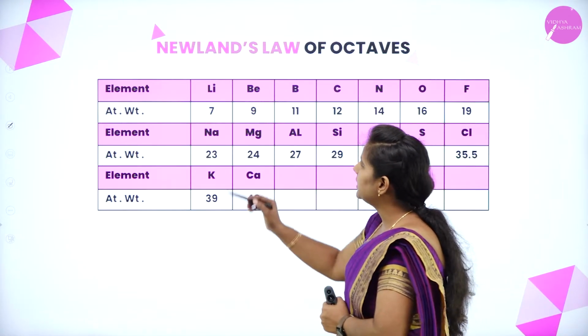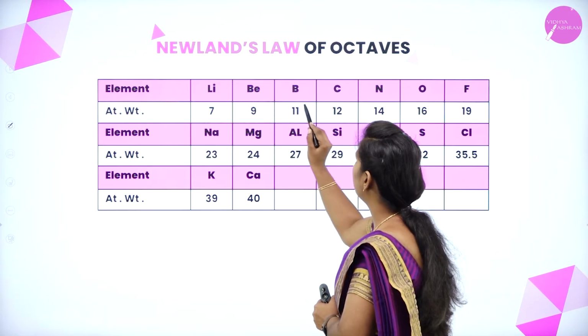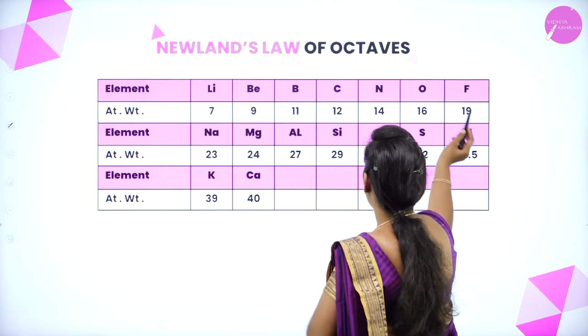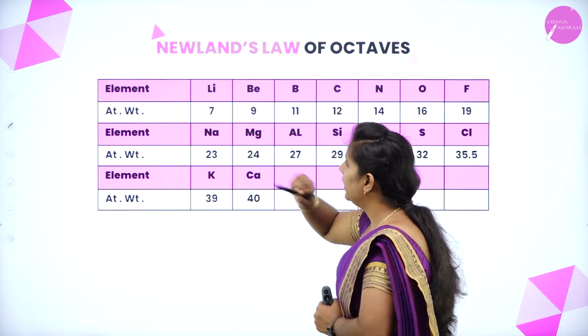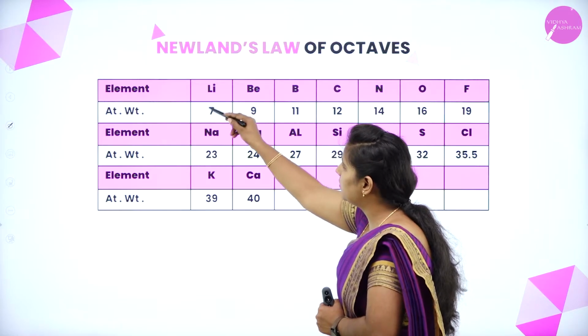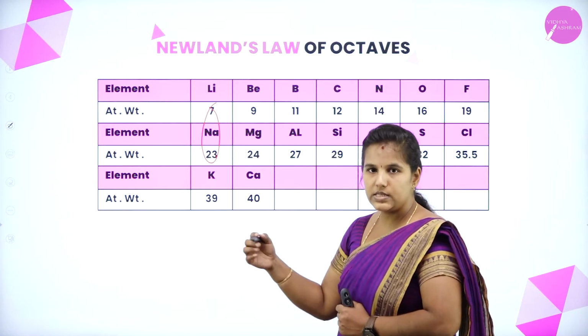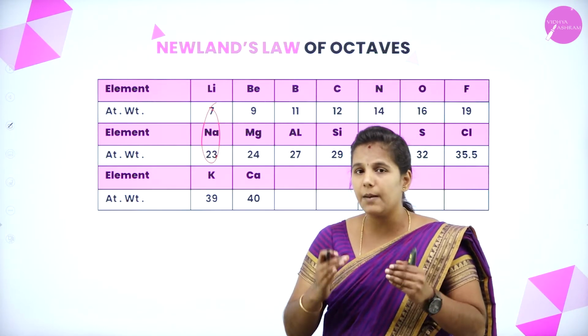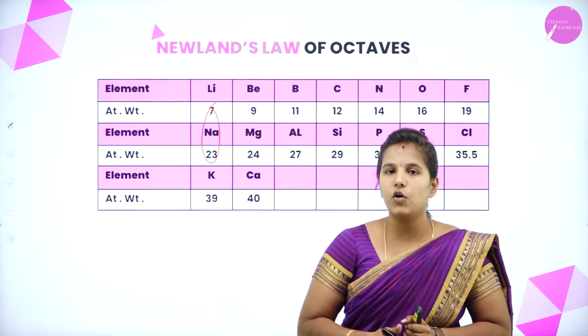Here you can see that he arranged lithium, beryllium, boron, carbon, nitrogen, oxygen and fluorine. After that, again sodium. He says that the properties of the first and the eighth elements are one and the same, and he compared this to the law of octaves.